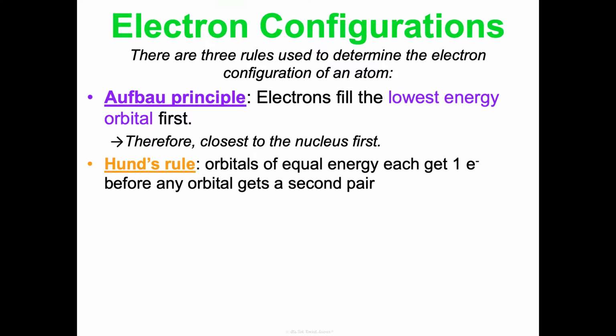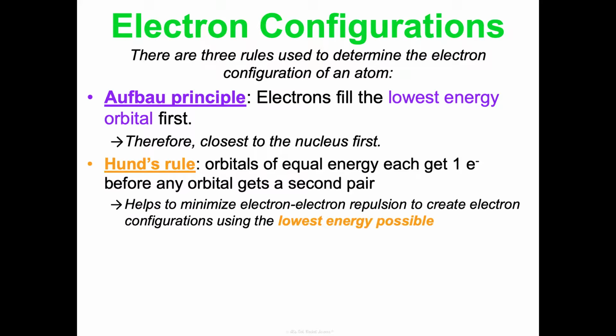Next is Hund's rule. Hund's rule says that orbitals of equal energy each get 1 electron before any orbital gets a second one. So if you remember when we were doing our Lewis structures and drawing this, I said you needed to draw an electron on each side before you paired any up. This is falling into that, because we're going to separate them each out. The reason this happens is because it helps to minimize electron-electron repulsion.